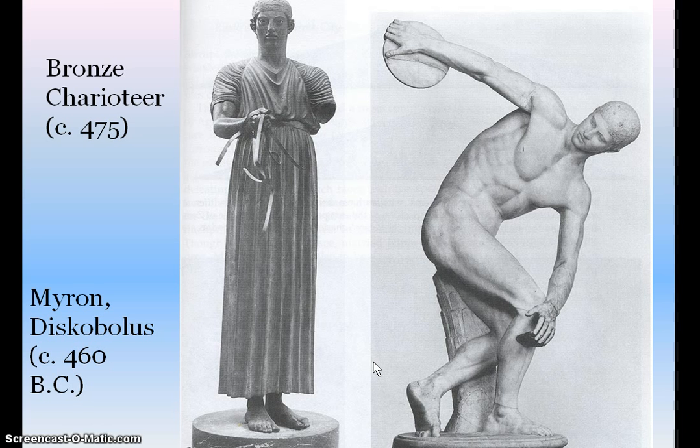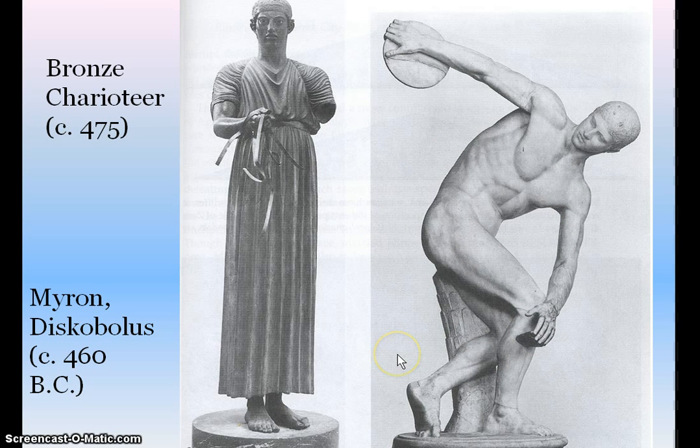both have good body proportions, so they're to scale. As far as the size of arms to legs to torso ratio, size of the head and everything, it's fairly accurate. Especially looking at the one on the right with Myron's Discobolus, you can really see the desire for perfection.